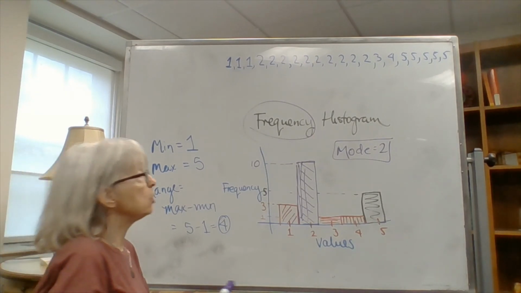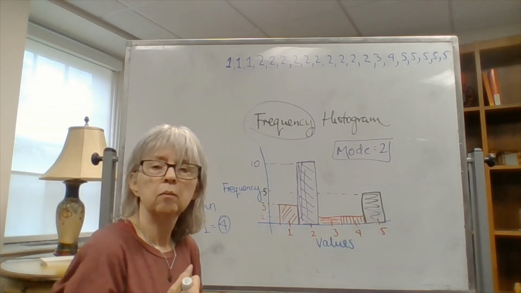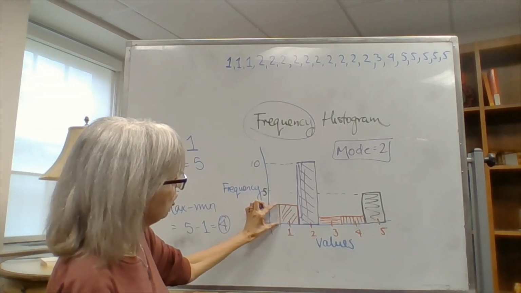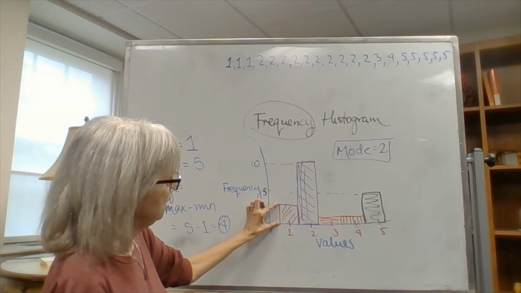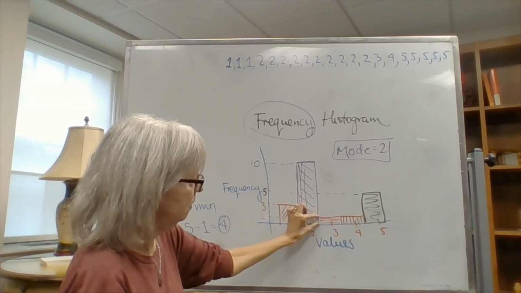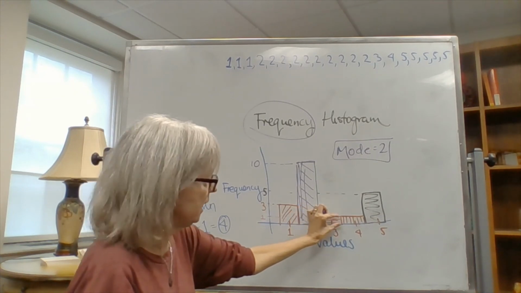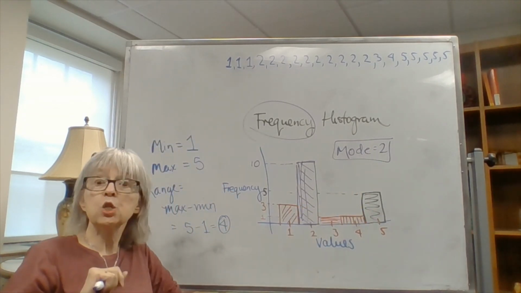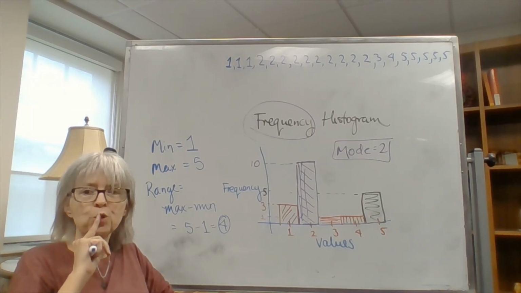How many data values have I got? Well, I could count all the ones that I wrote, or I could say, well, there's 3 plus 10 is 13, plus 1 is 14, plus another 1 is 15, plus 5 is 20. There are 20 numbers.